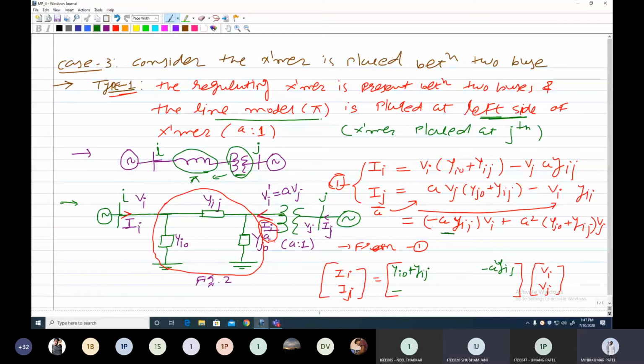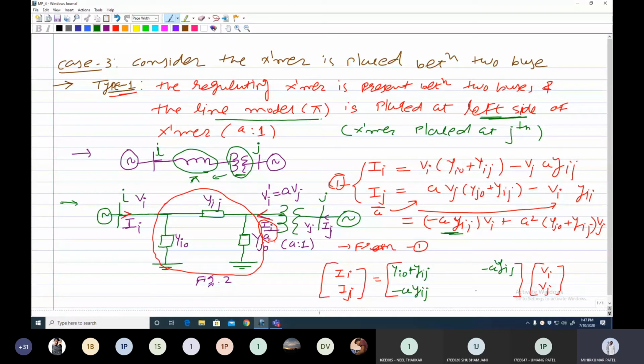It must be the same. Why? Because this Y bus matrix is a symmetric matrix. If it is not, then there will be a mistake from your side in deriving the equation. Okay?